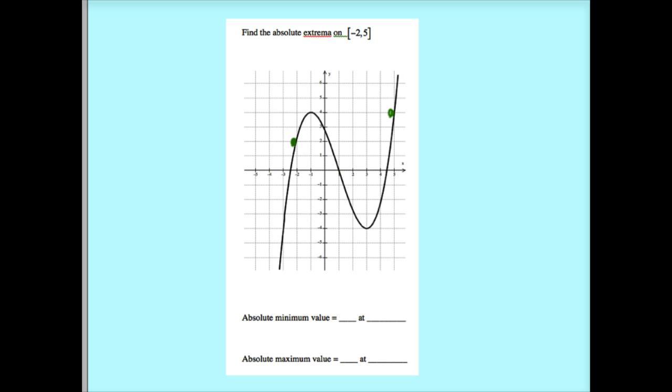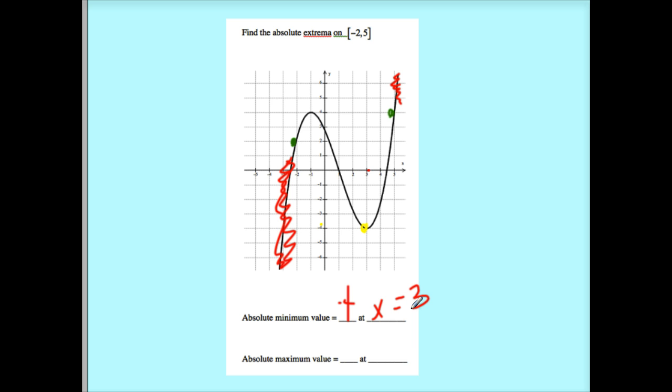So what that means is we are not allowed to look at anything outside of those 2 points, right? So it says the absolute minimum value. We notice our minimum happens right here. The value is -4. And this happens when x is equal to 3.